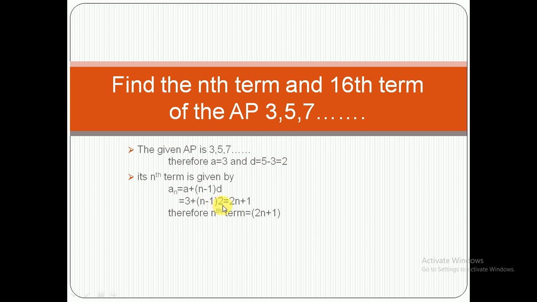After simplification, 2 into n is 2n, next minus 2 into 1 is 2. What will you get? 3 plus 2n minus 2, then 2n plus 1. The final answer is that the nth term is 2n plus 1.